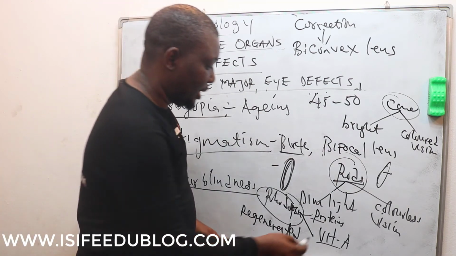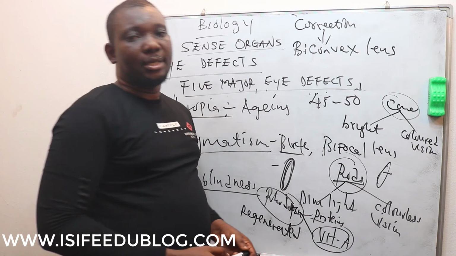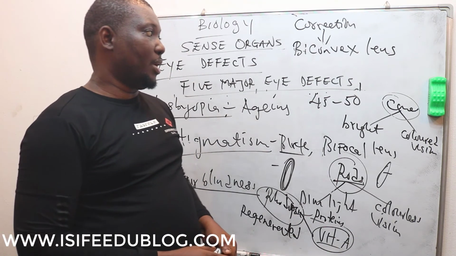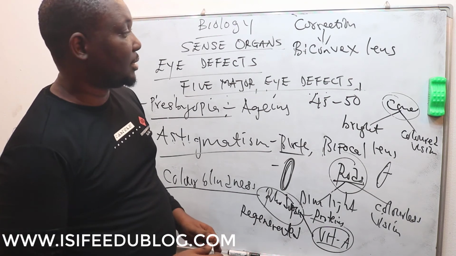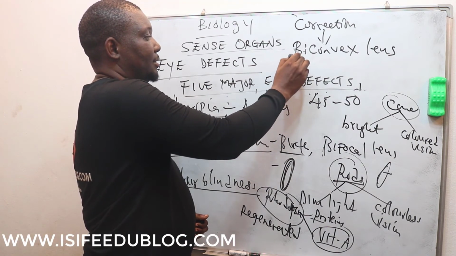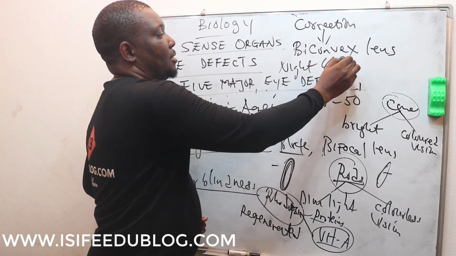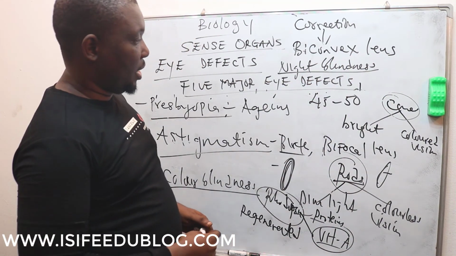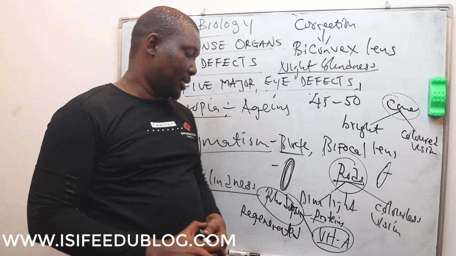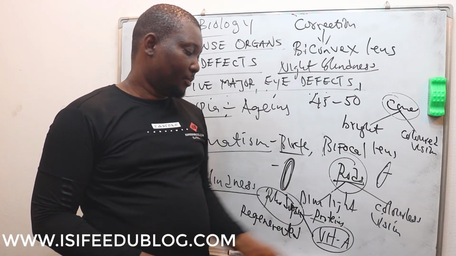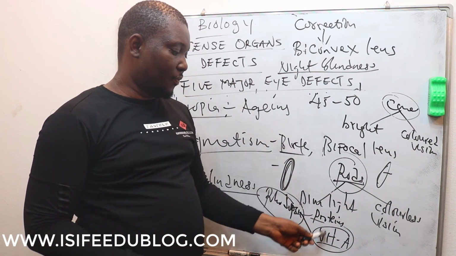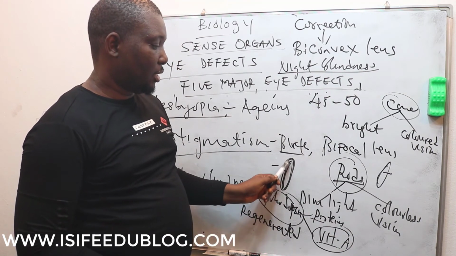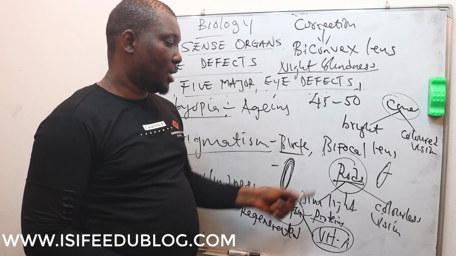Individuals that lack vitamin A in their diet suffer what is referred to as night blindness. A condition where an individual will find it difficult to see at night because of lack of vitamin A, because vitamin A is one of the chemical substances in rhodopsin that makes up the rods.